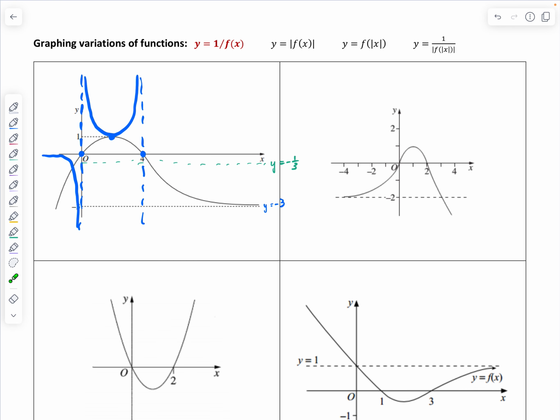But then it's going to approach this rather than approaching the x-axis like it did over here, right? Approaching the x-axis is a normal sort of thing, but that's when the original is heading off to infinity. Here, the original's not heading off to infinity, it's heading to -3. So the reciprocal heads to -1/3. So we have this kind of behavior, right?